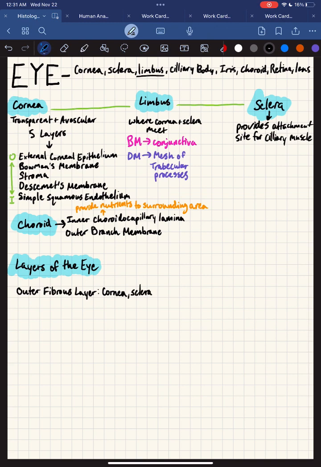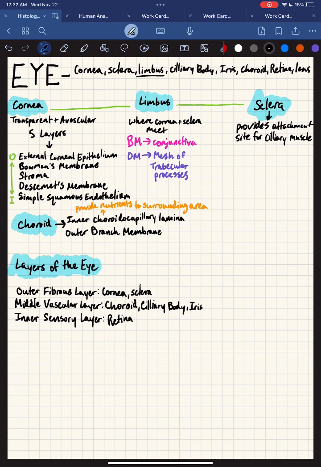And you've got the middle vascular layer, which is going to be comprised of the choroid, ciliary body, and iris, and the inner sensory layer, which is going to be comprised of the retina.